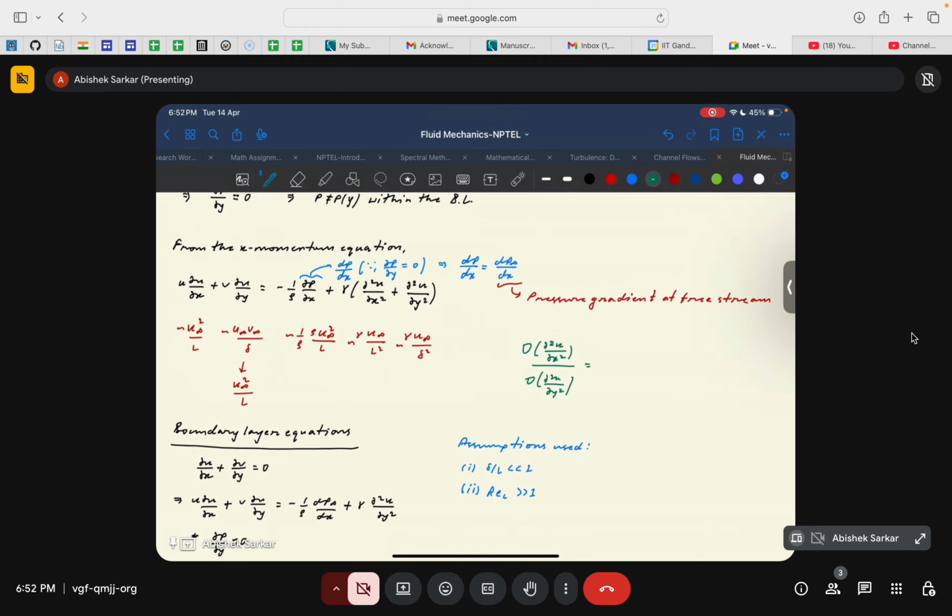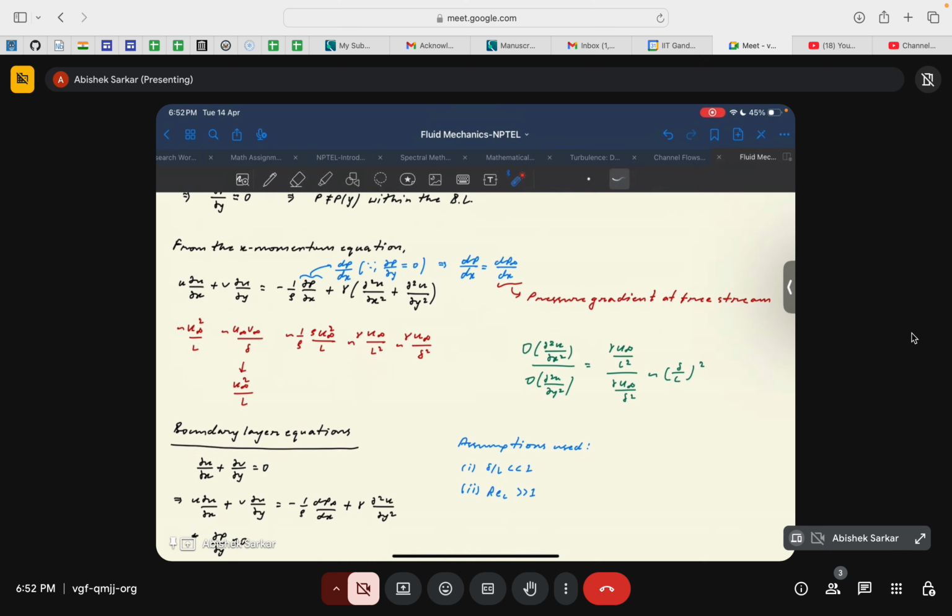If you do it, you will have nu u infinity by L squared over nu u infinity by delta squared, which scales as (delta by L) squared. So it implies that the velocity gradient along the y direction is much higher than the velocity gradient along the x direction. So this term can be effectively cancelled out from this equation.